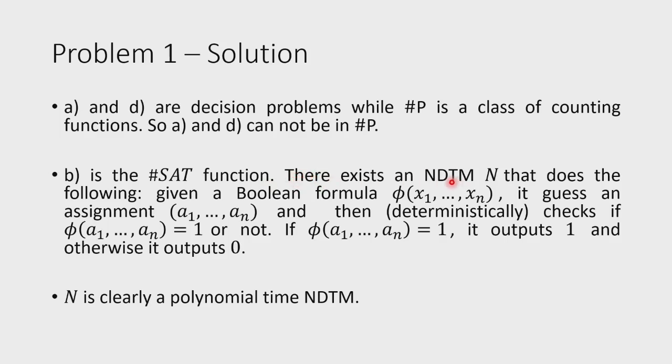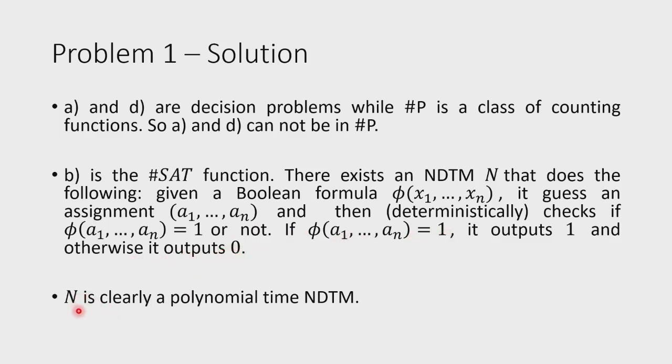Now there exists a non-deterministic Turing machine N that does the following. Given a Boolean formula phi in n variables x1 to xn, it guesses an assignment a1 to an and then deterministically checks if phi of a1 to an equals 1 or not. If phi of a1 to an equals 1, the machine outputs 1, and if phi of a1 to an is 0, then the machine outputs 0.